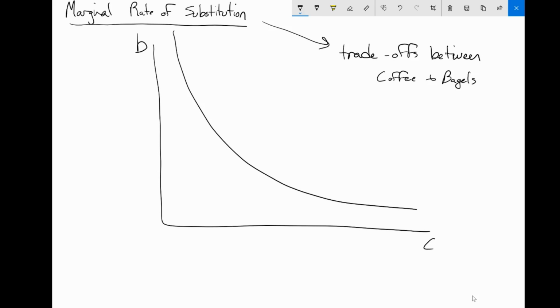We could say, how many bagels is the agent willing to trade to get an additional unit of coffee? In fact, we might even be able to write this function and say that this function is bagels as a function of coffee.